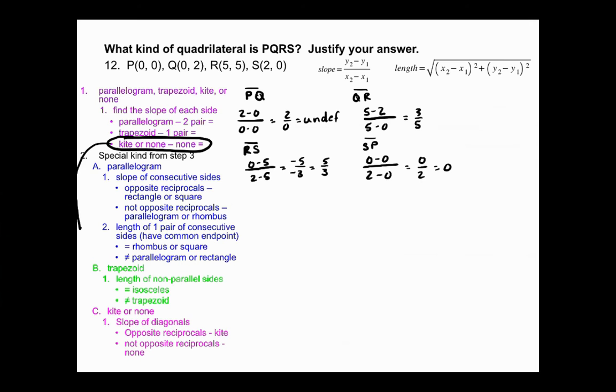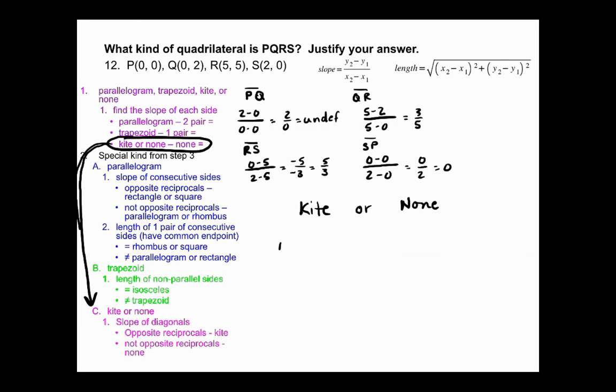So that means that when we go to our next set of notes, we're going down here to step C, the kite or none. So we are either going to have a kite or we're going to have none of these shapes. So what we need to do now is get the slopes of the diagonals.